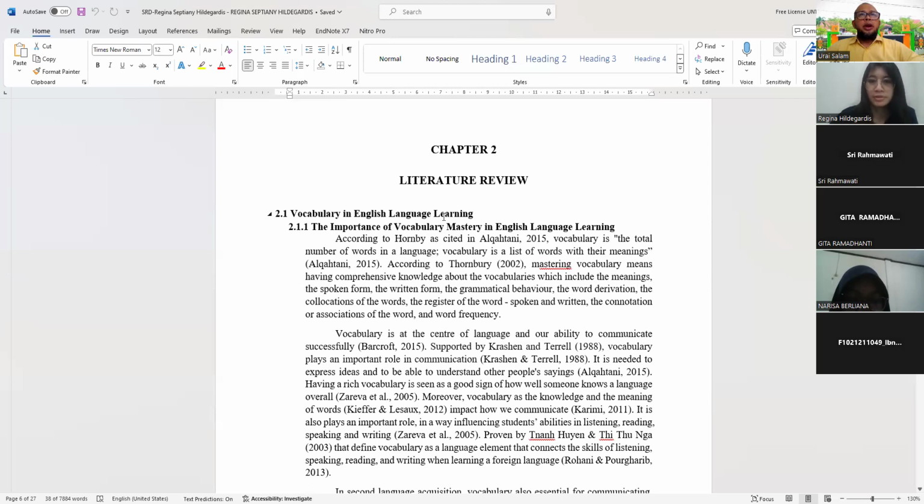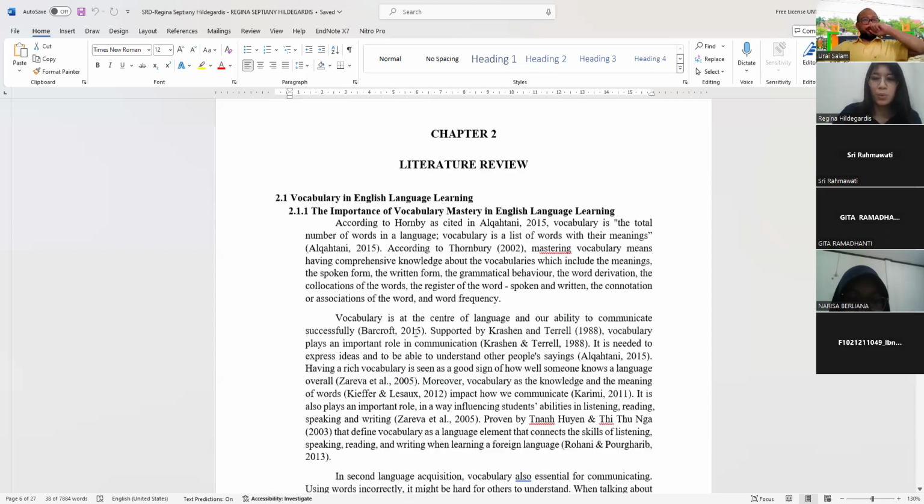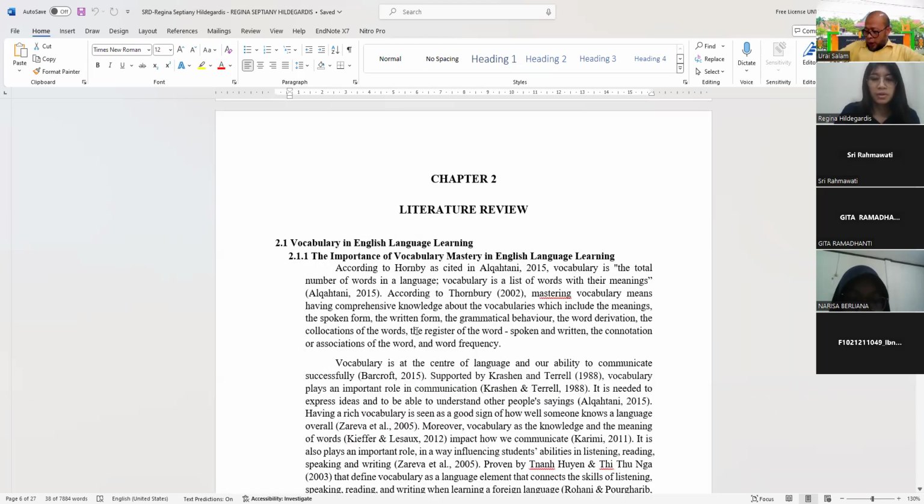All right, now next, literature review, vocabulary in language learning. Your topic is actually about perception. Perception should come first. Why is perception important in learning? In terms of learning, where is the position of perception?